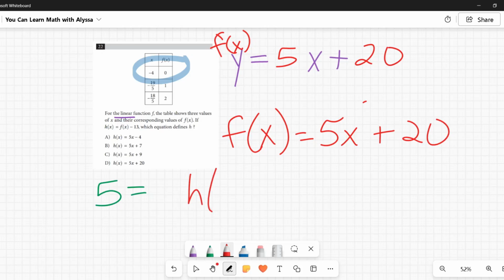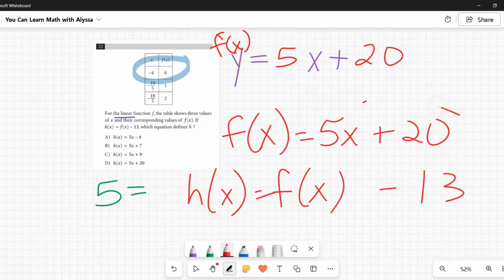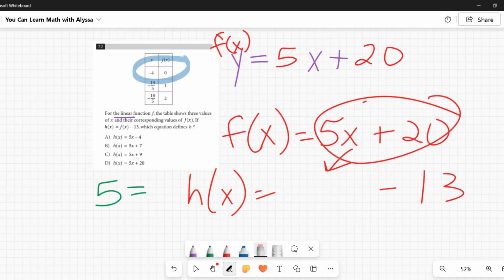Now I know that h of x is equal to f of x minus 13. Now I know that f of x is this. I can plug it in right there. And that would be 5x plus 20 minus 13. There's not anything weird going on the outside of this 5x plus 20. There's not a negative on the outside of it.